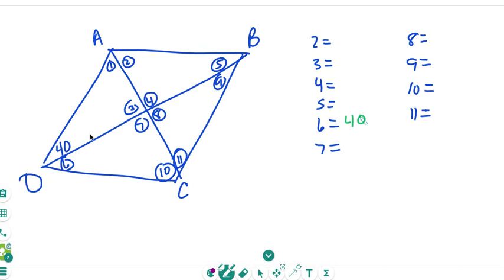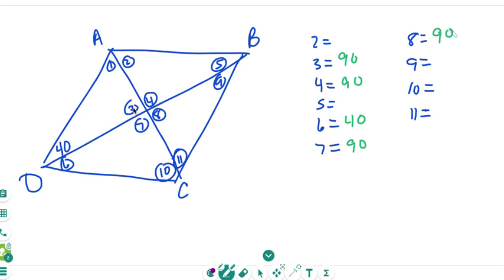All right, now we're going to use this right triangle. We know that the diagonals of a rhombus are perpendicular, so that means angle 3 is going to be 90, angle 4 is going to be 90, angle 7 is going to be 90, and angle 8 is going to be 90.